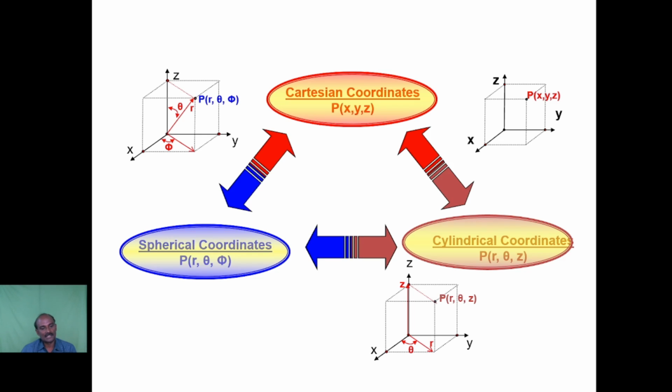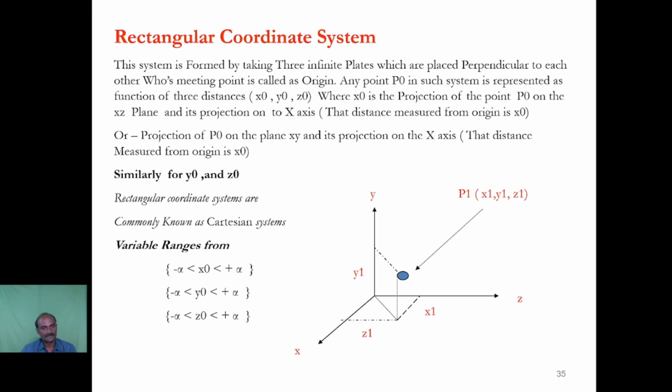Spherical is r, theta, phi. Cylindrical is r, phi, and z. In Cartesian, all three coordinates are length coordinates. In cylindrical, two length coordinates and one angular. In spherical, one length and two angular coordinates.